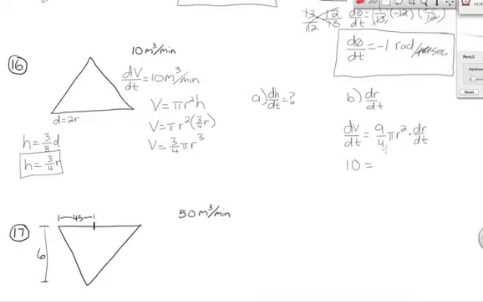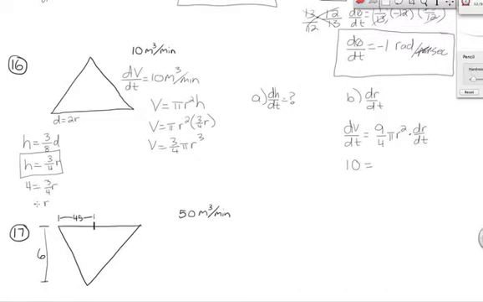The radius at this time we don't know, but it does tell me to do all this when the height of the pile is 4 meters. So if height is 4 meters, then I should be able to find out what the radius is by doing some simple math.